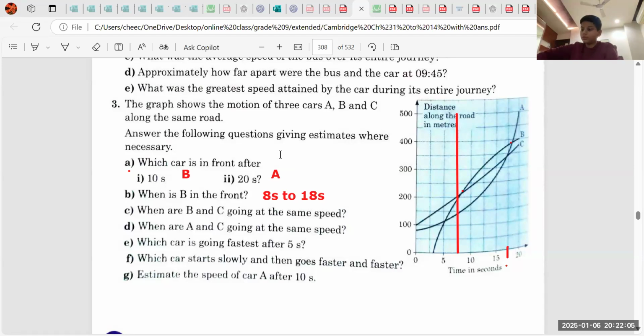I sent you for C, D, E, and F. But did I ask you to send? We are doing one by one.